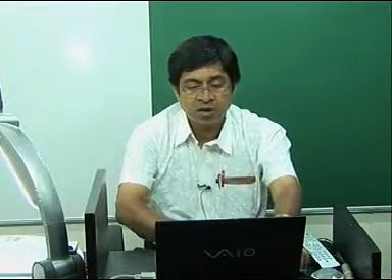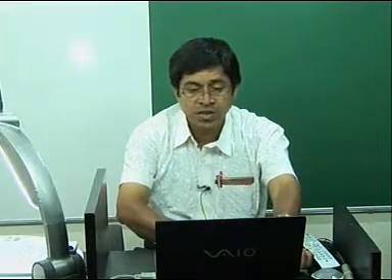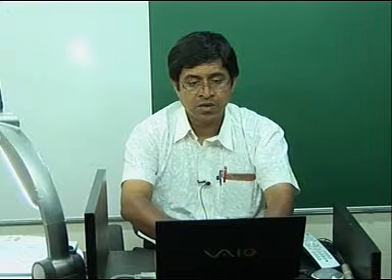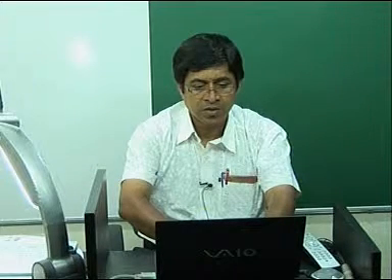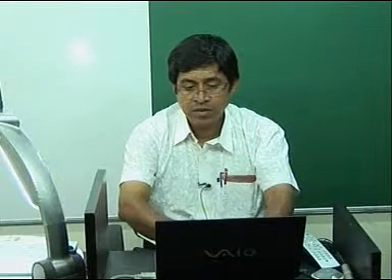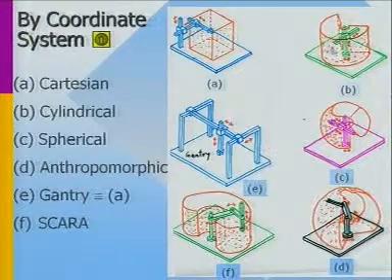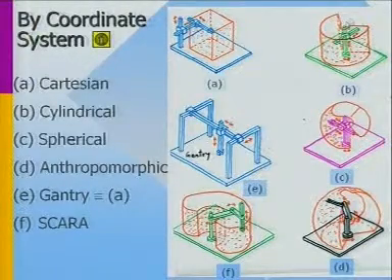Let me try to bring out my presentation. I think it will be clear. I think it was in the introductory class, the classifications. Okay, here you can see that this cylindrical space will be hollow.